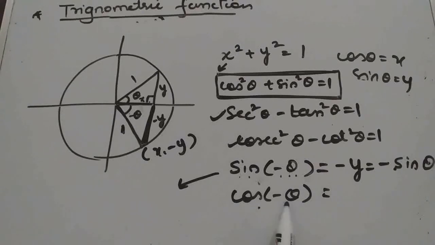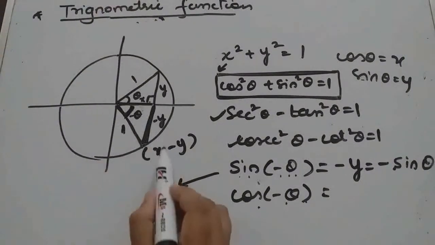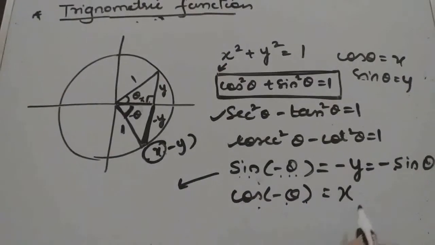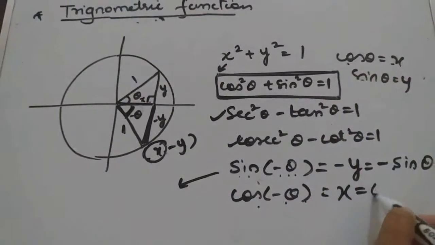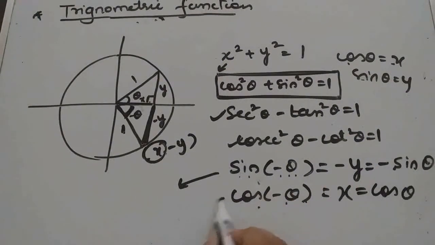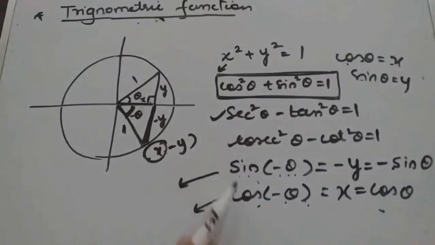Similarly, cos of minus theta is the x coordinate, which is x only, and we know it is cos theta. So cos of minus theta is the same, that is cos theta. These identities and formulas are very important. Next we will discuss the sign convention of trigonometric functions.